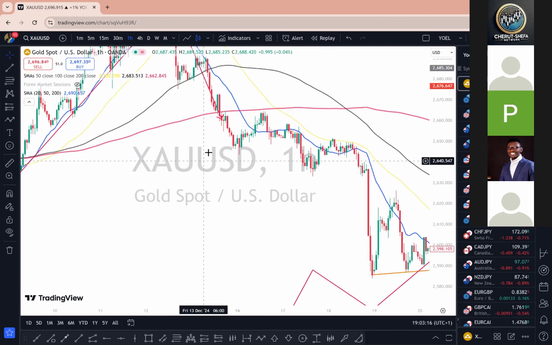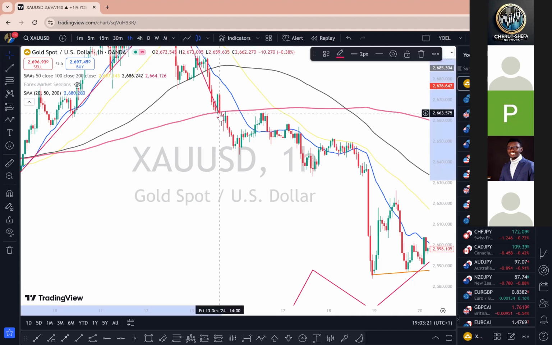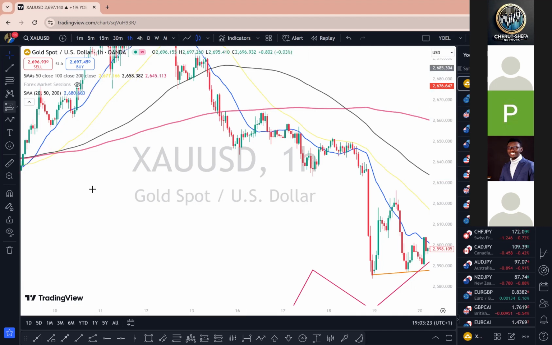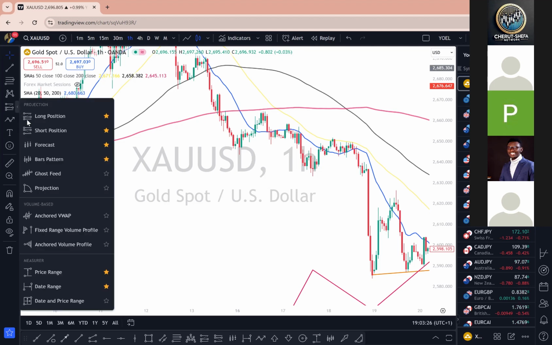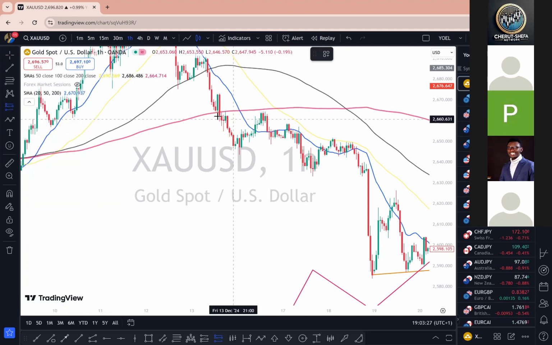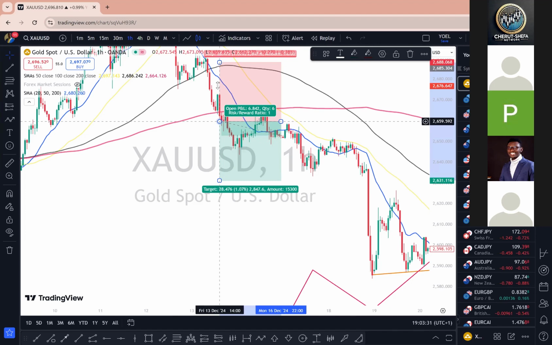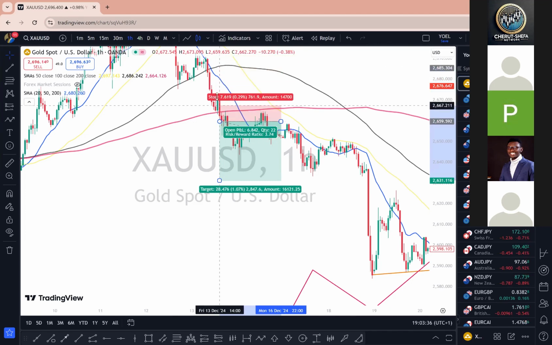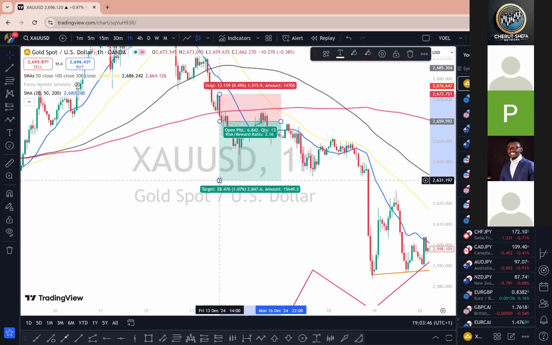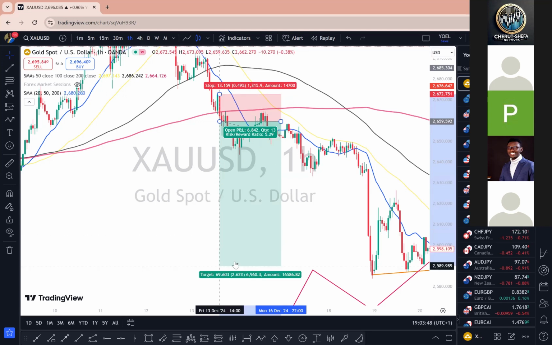So what I was trying to say is that if you enter yourself somewhere here, let's say it closes and you are entering somewhere here, your stop loss is above the moving average or above the candlestick, either of the two. Look at the opportunity to the downside.